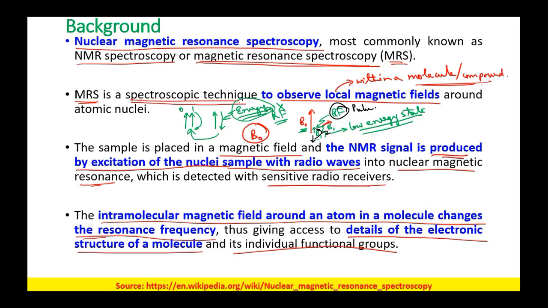By releasing the RF signals which it has absorbed. In this process, we record these RF signals to gain information about the tiny magnets. And in this case, the tiny magnets are basically the protons which are available within the nucleus. Okay.